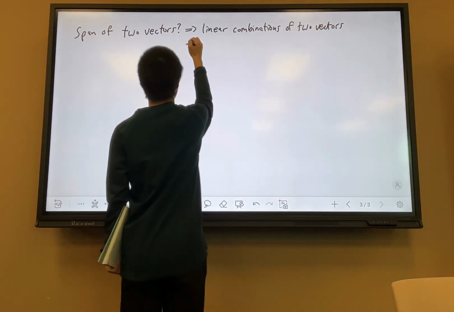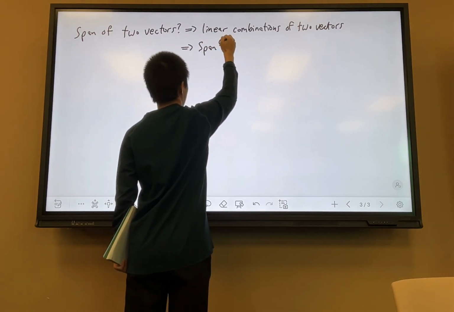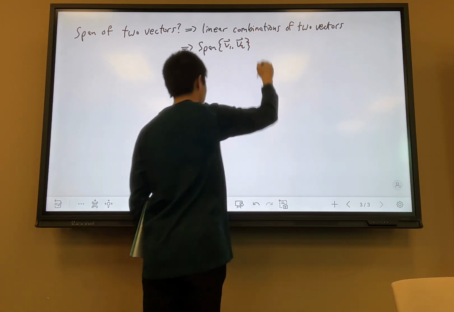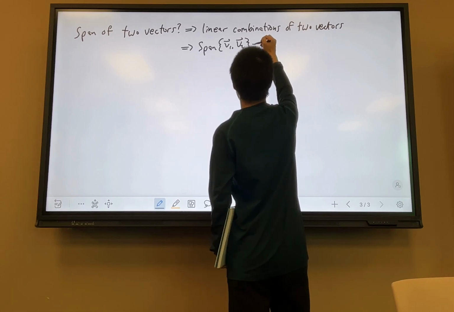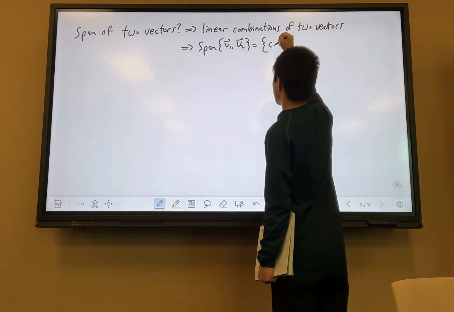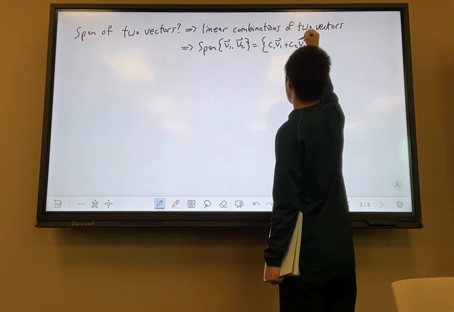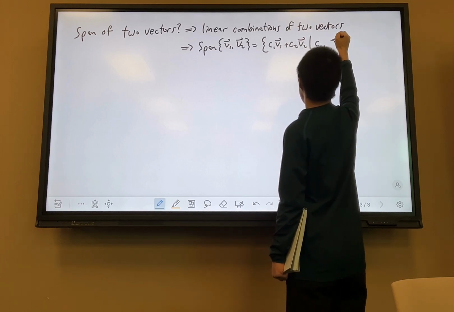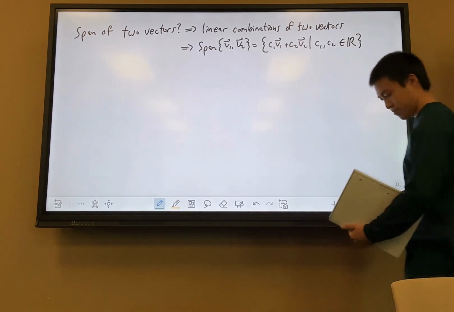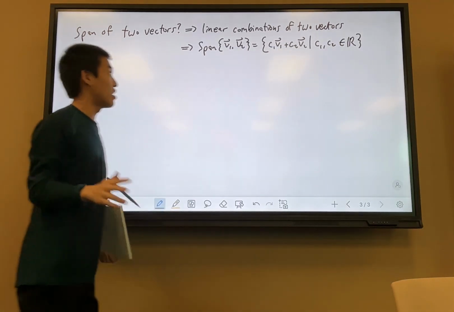And so in the math language, I would say my span of two vectors, I can call them v1 and v2, this is going to be all the linear combinations. How do I make a linear combination with two vectors? Well, I need c1 with v1, and then I add that to the next one, c2 times v2. And specifically, I need c1 and c2 to be scalar, so real.